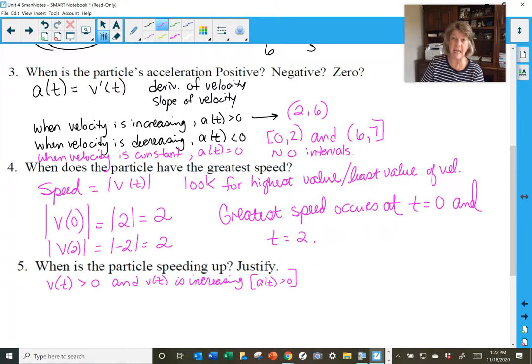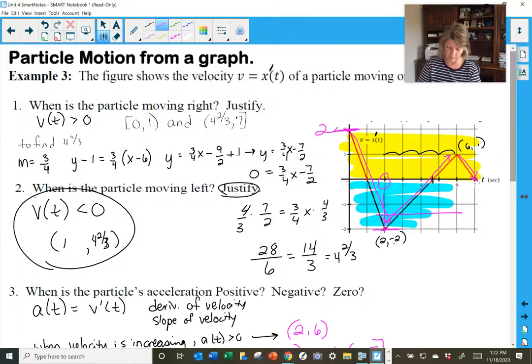Remember, we have to have same signs. Do we have the scenario where V of t is greater than 0 and it's an increasing slope? So greater than 0, I'm looking at this yellow region, right? Because that's where velocity is positive when it's above the x-axis, and it's increasing. The only place I see that happening is between 4 2/3 and 6.